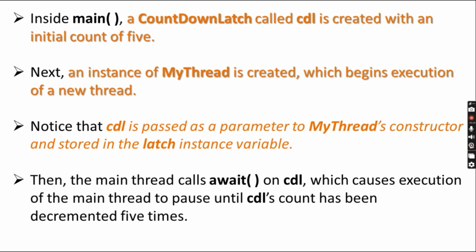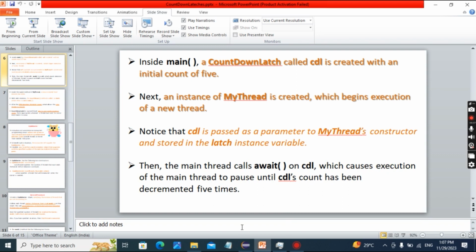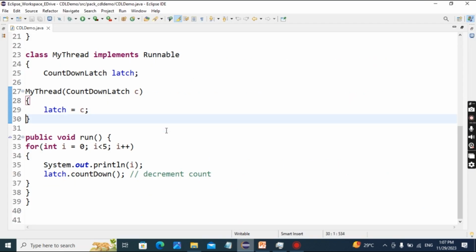In the run method, we have a for loop from 0 to 5. CDL is passed as a parameter to the constructor of my thread, which implements the Runnable interface, and stored in the latch instance variable. So latch is equal to what we have seen here, latch is equal to c.